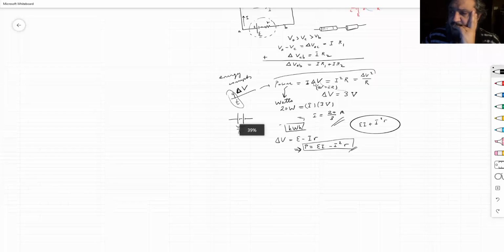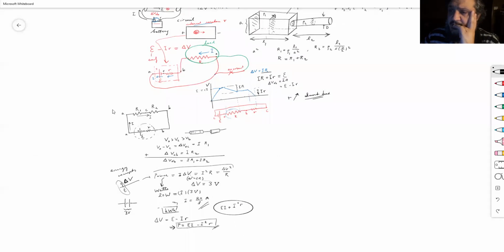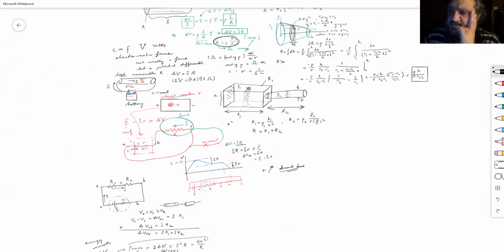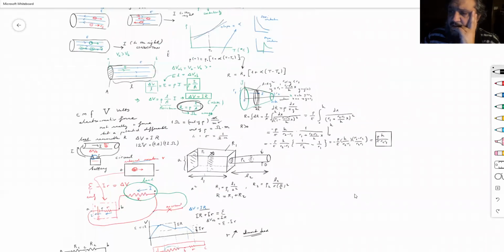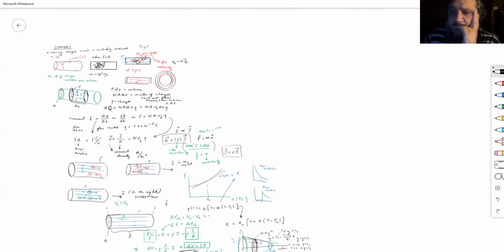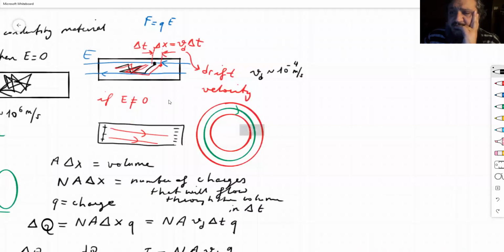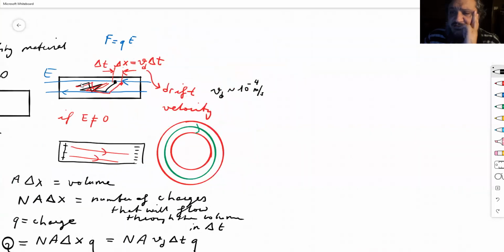The last thing I want to talk about is, let's go back to the beginning. Do you remember when I mentioned what happens to these electrons in the beginning over here? Let's try to analyze this motion better. Let's use classical physics.